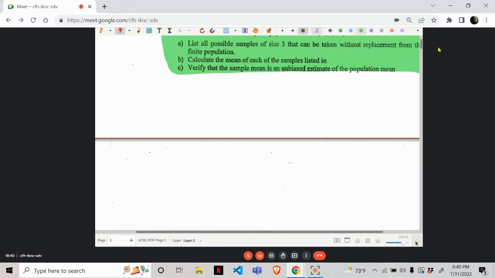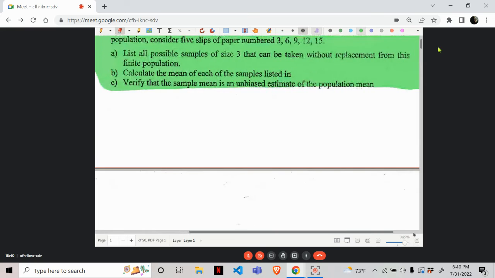But if you can understand the true statistical meaning, it's really, really good. Shall we start?